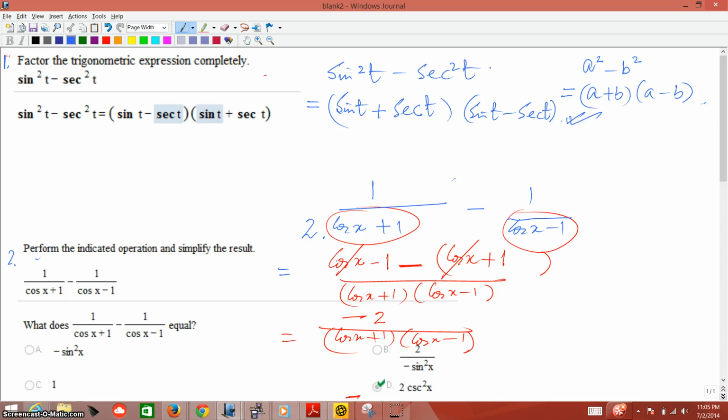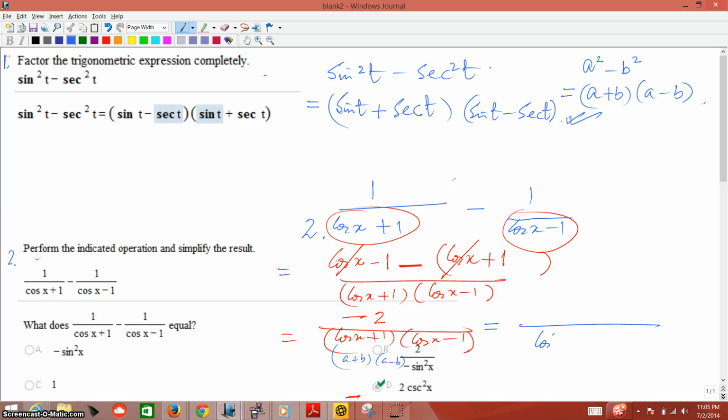Okay, so the denominator now is same as my a plus b times a minus b form, right? So I'm going to actually simplify that and come up with a square minus b square form.